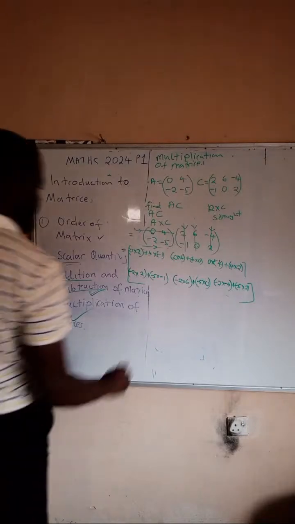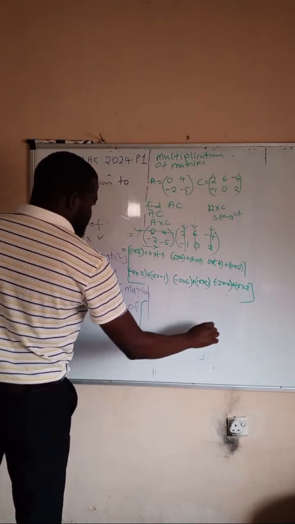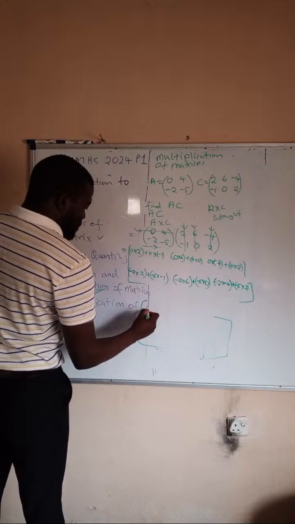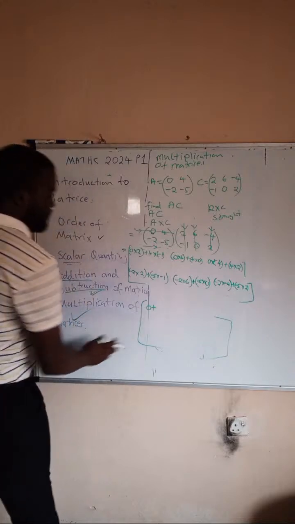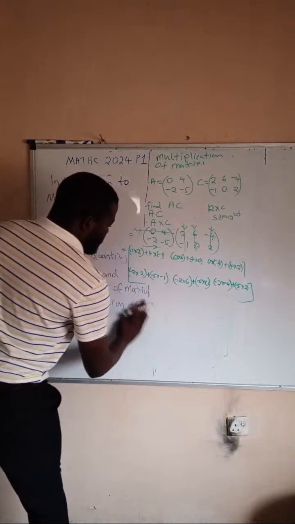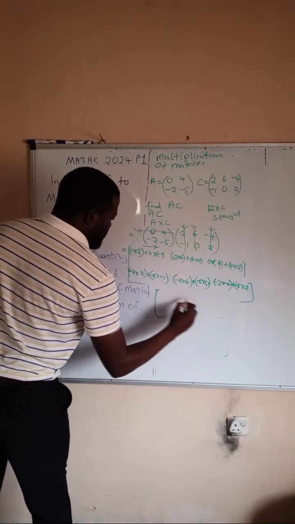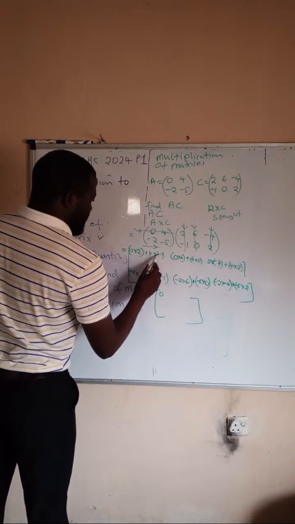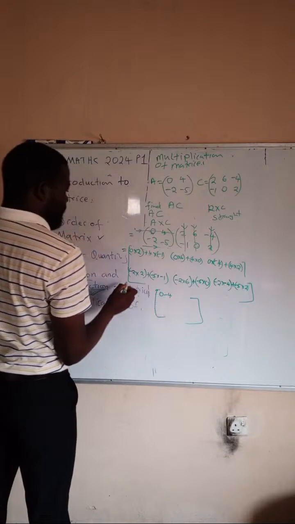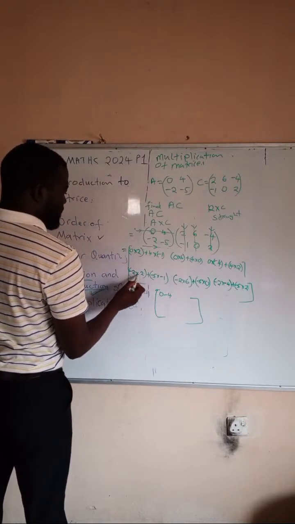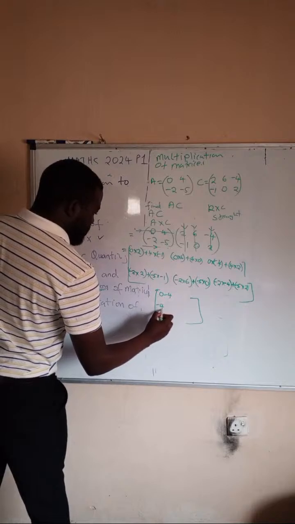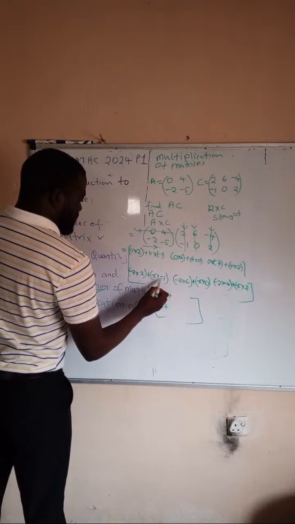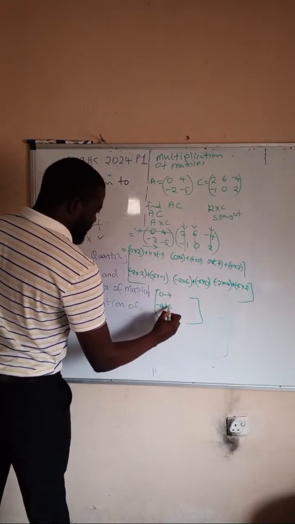So lastly, we just multiply those matrices. 0 times 2 is 0, plus negative 2 times 2, which is negative 4, plus negative 5 times negative 1, which is 5.